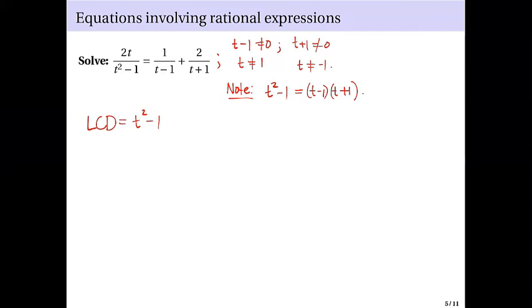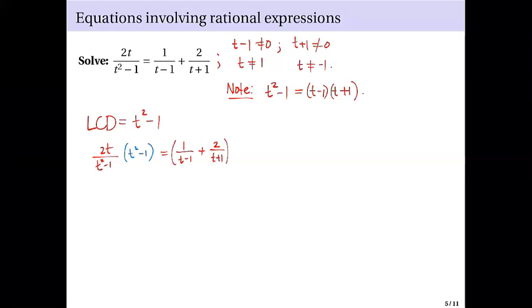And therefore, we have 2t over t squared minus 1. So what we're going to do is to multiply this with the LCD. So t squared minus 1 in here equals 1 over t minus 1 plus 2 over t plus 1.